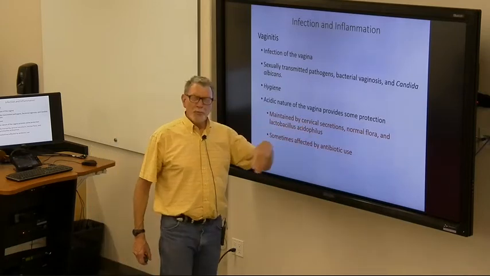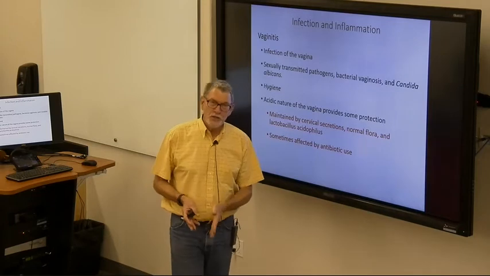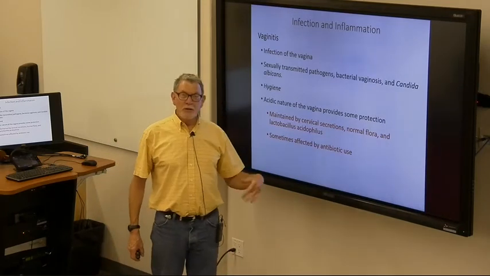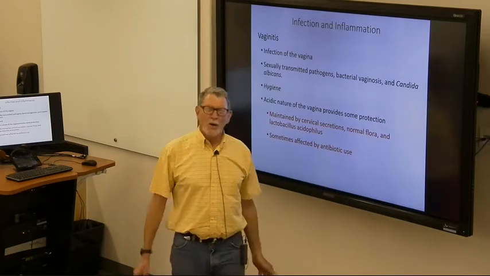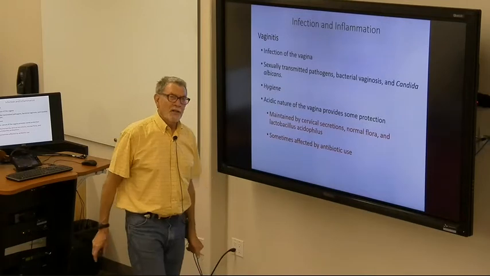Your vagina is supposed to be somewhat acidic. That helps protect against fungal infections and some bacteria. For that reason, douching has become a lot less popular because it flushed out some of the natural protections that women had.